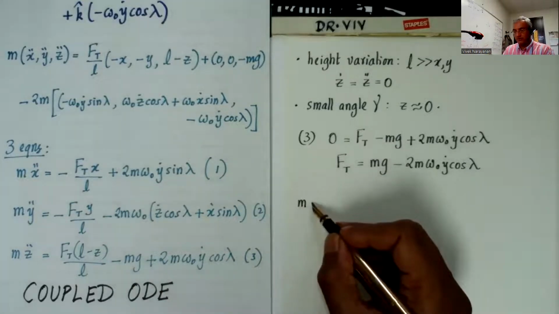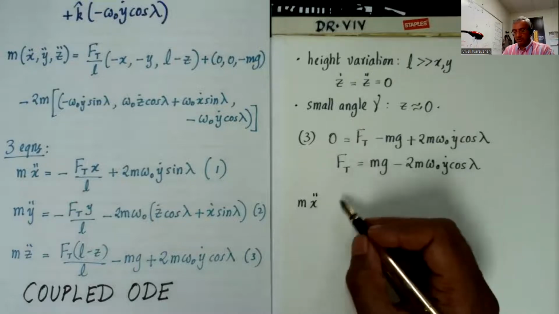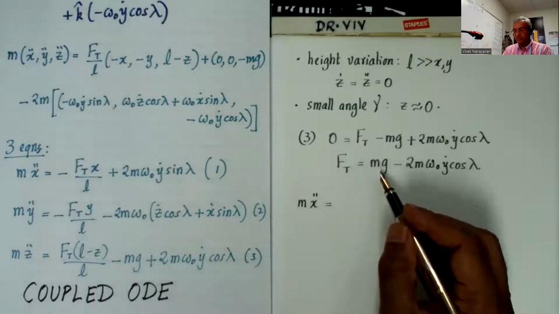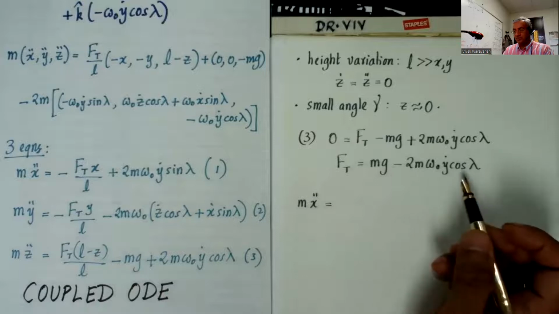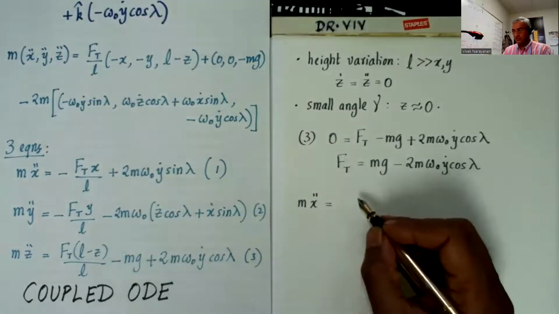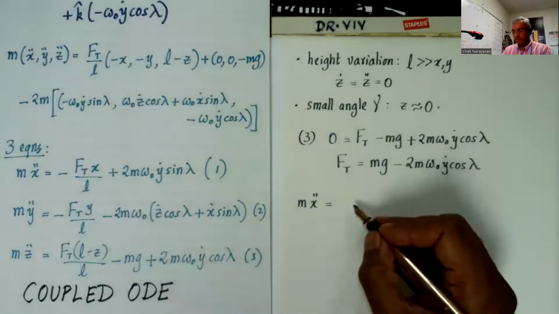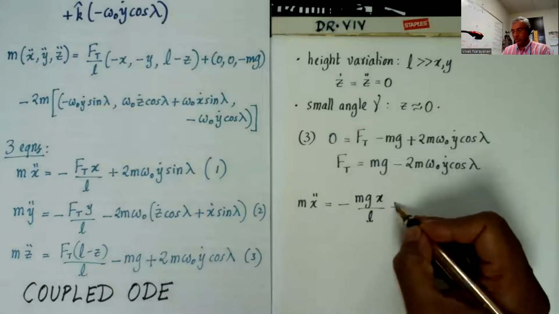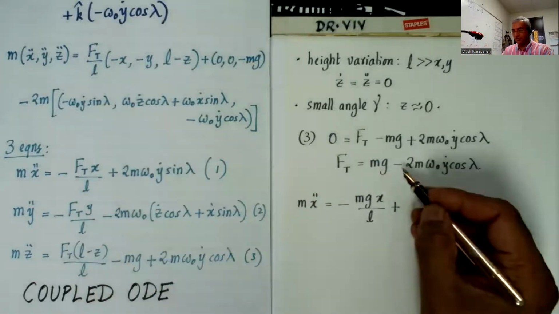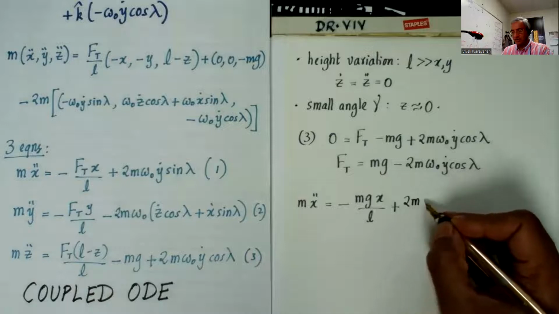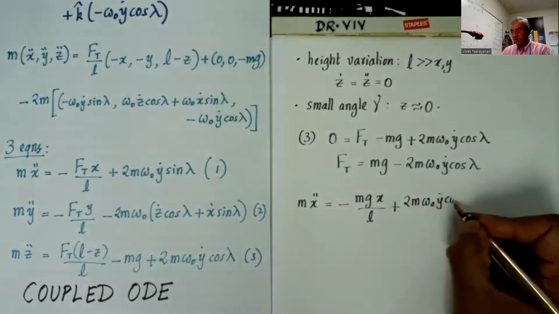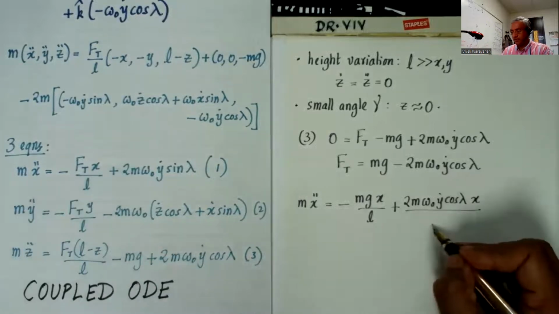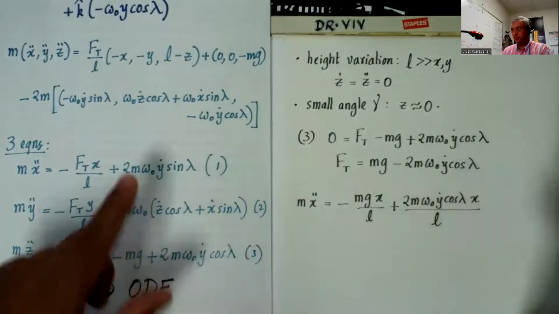Let me look at equation 1 first. m x double dot is equal to, now when I put Ft equals mg minus that in there, with a minus sign up front, I'm going to get negative mg x over L, and then positive, because that minus sign will cancel this minus sign, 2m omega naught y dot cosine lambda, also x over L, should not be forgotten. And then I also have this term all by itself.